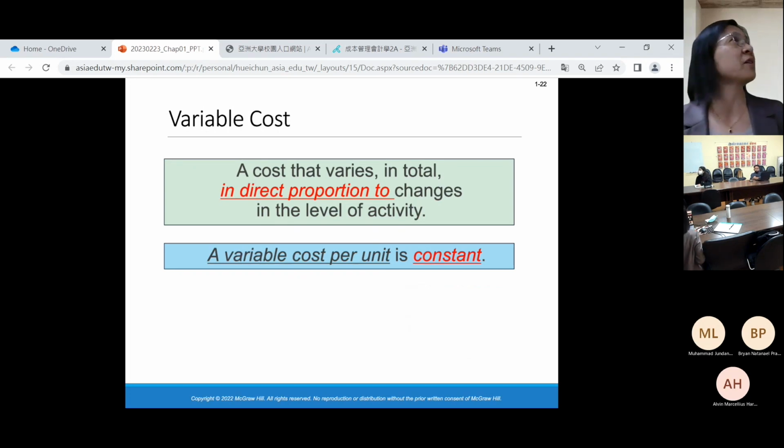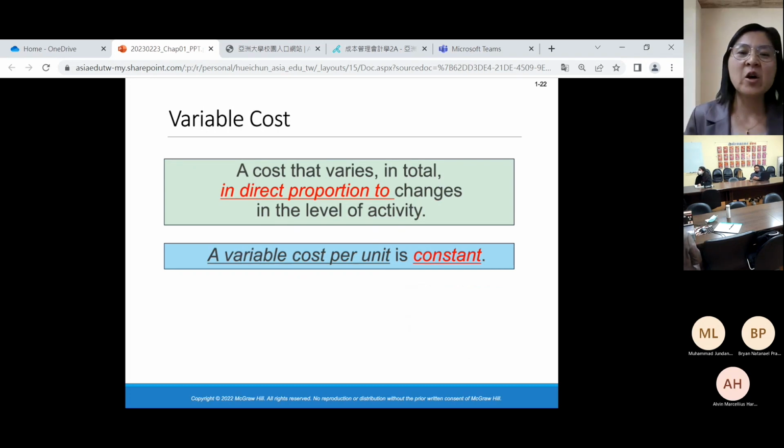Okay, so let's start from a variable cost. A cost that varies in total in direct proportion to changes in the level of activity. Okay, and a variable cost per unit is constant. So is that statement correct?